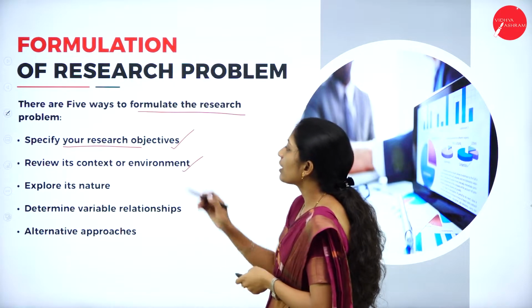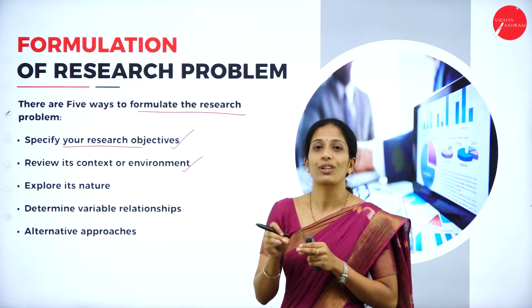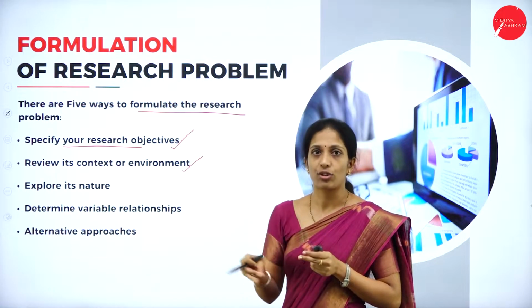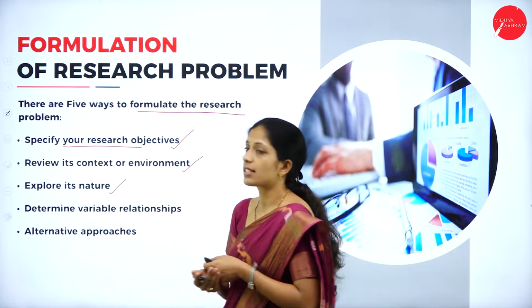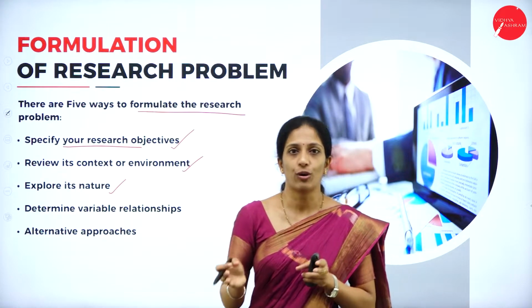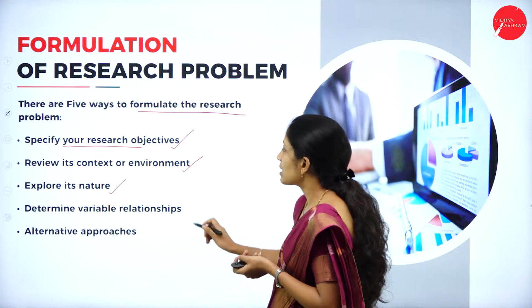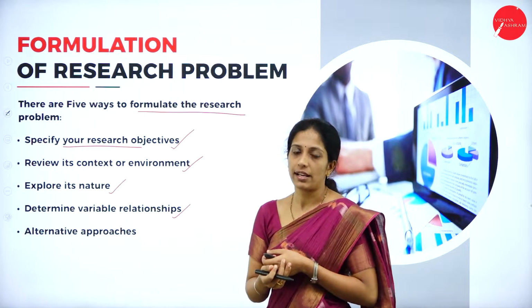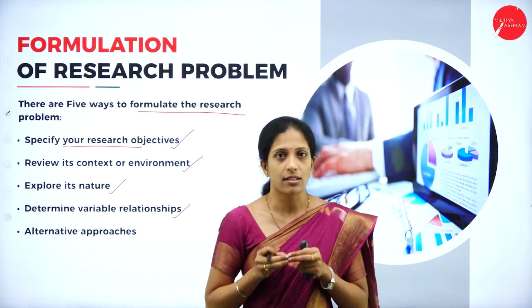Next one is review its context or environment. So we have to go through the context, at the same time the environment. Next one is explore its nature. So we have to explore and expand its nature. Next one is determine variable relationship. There are a number of variables included in the research process.